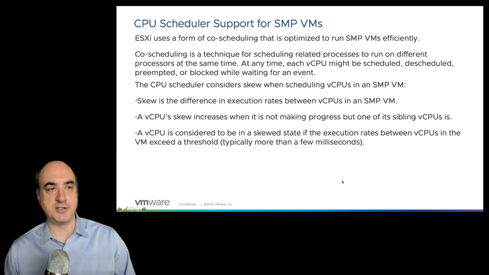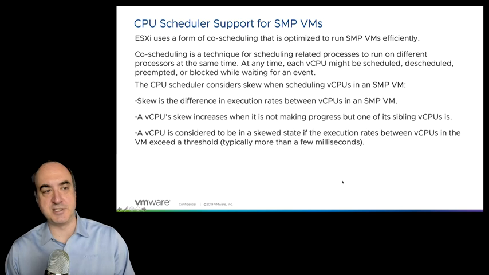The scheduler will actually consider skew when scheduling the virtual CPUs in these multi-CPU VMs, so that virtual CPUs can progress at faster rates than other virtual CPUs within the same VM. Virtual CPU skew will increase when it's not making progress, but one of its sibling virtual CPUs is. This is when you have possibly a mixture of workloads in the same VM, where sometimes they need all of the virtual CPUs and sometimes they don't.